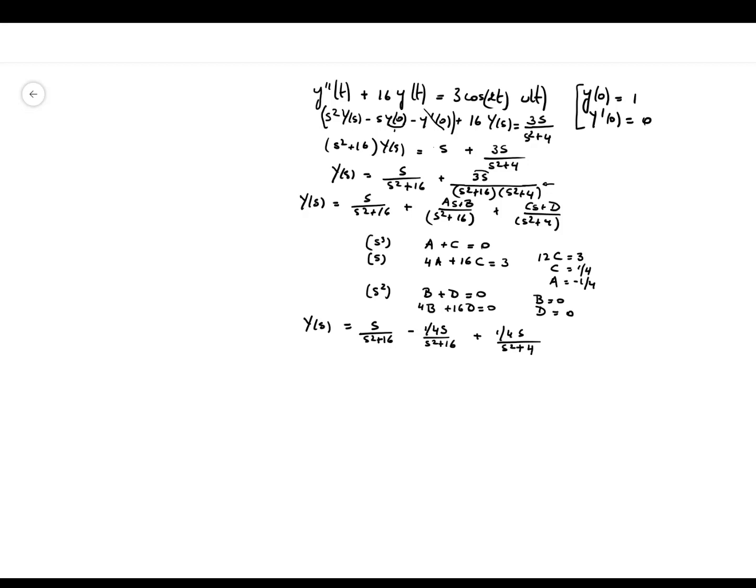Okay, so we can put these two together, so we have 3/4 s over s squared plus 16 plus a quarter s over s squared plus 4.